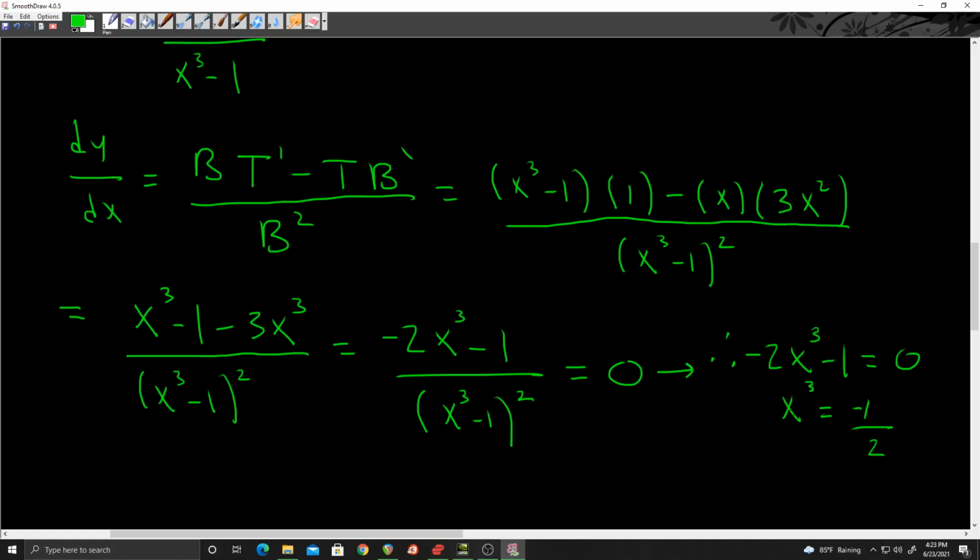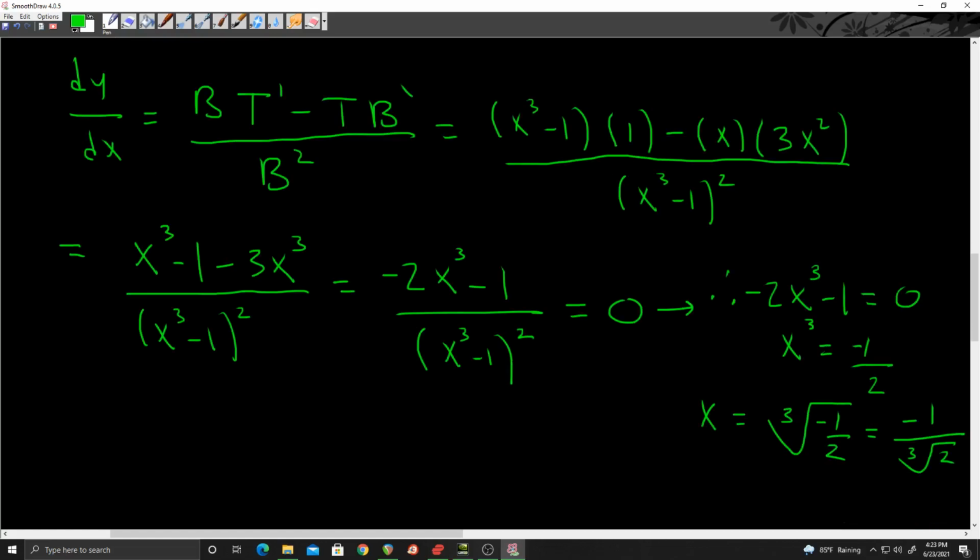Yeah, negative 1 over 2. And so then x is going to be the cube root of negative 1 over 2, which can be simplified a little bit, negative 1 over the cube root of 2. So there's critical number 1.